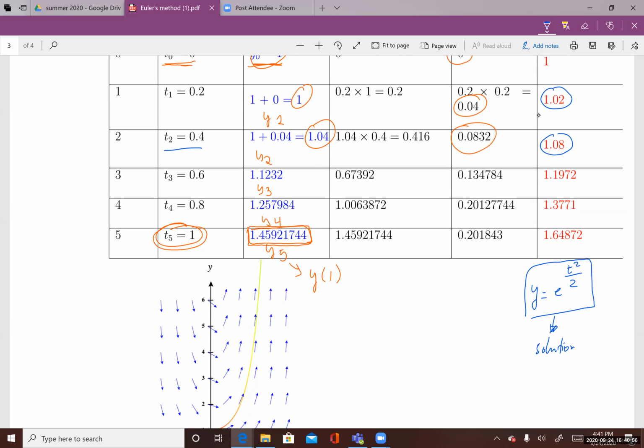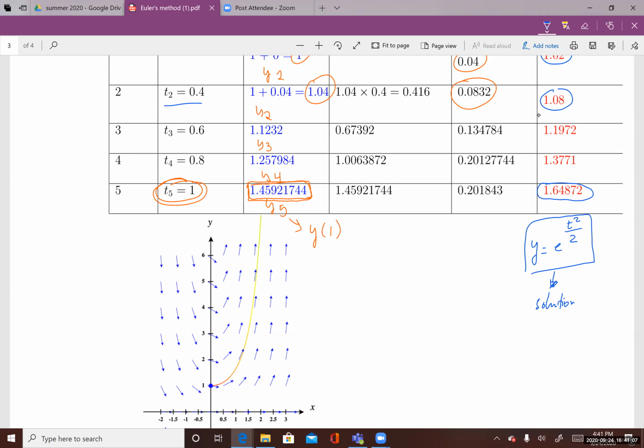So then I know that the exact value when t equals 1 is 1.64872. So the exact value is 1.648, and the estimated value is 1.459. They're not the same, they're a bit different, but not so much different, right?